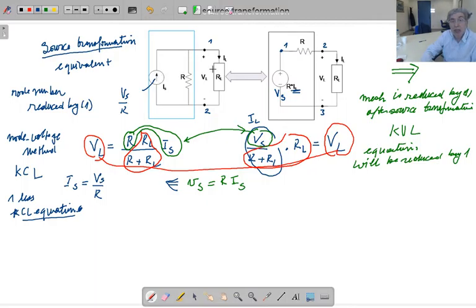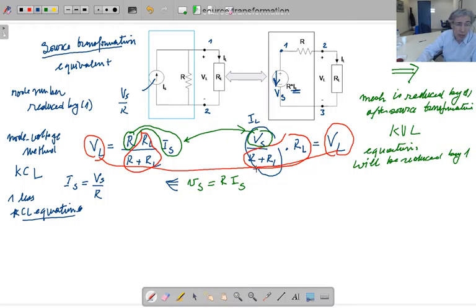That is against the current reference of that independent voltage source. According to passive sign convention, this independent voltage source current reference is downwards. So if you are transferring to this one, your independent current source current reference should be upwards. Otherwise, there are some problems that you're going to face. That is one thing to be mentioned before closing.